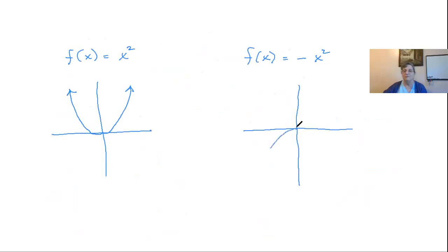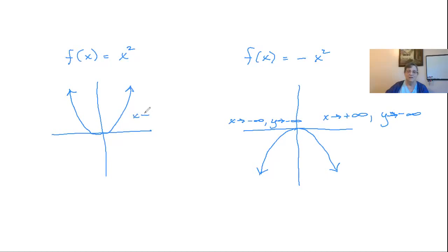Again, the graph's going to be reflected about the x-axis, and it's going to go down. So here, as x approaches positive infinity, y approaches, they use the arrow for approaches, y approaches negative infinity. As x approaches negative infinity, y also approaches negative infinity.